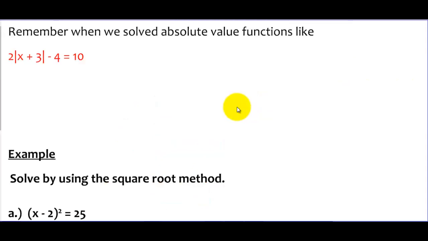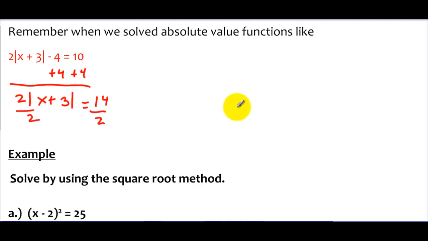Okay, so here's one more type of problem that I want you to see. If you think back to the beginning of the year, we learned something about absolute value functions. The idea of an absolute value function is, let's isolate the absolute value bars, get all of the stuff that's on the outside away. I'm not going to complete this problem, but if we divide both sides by 2, we're at the step where the only thing on the left-hand side is the absolute value bars.